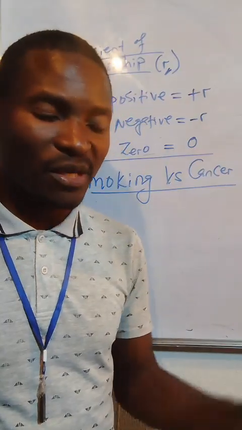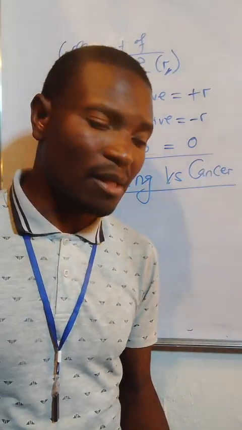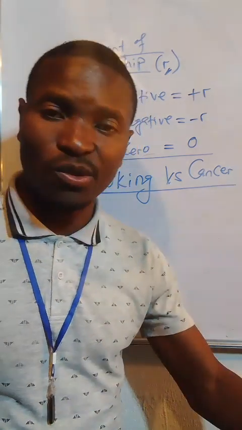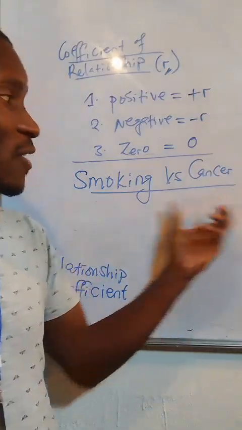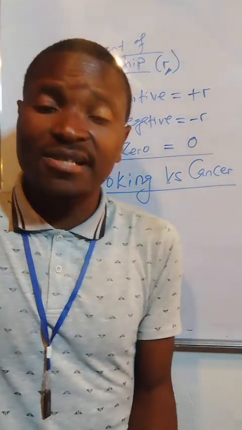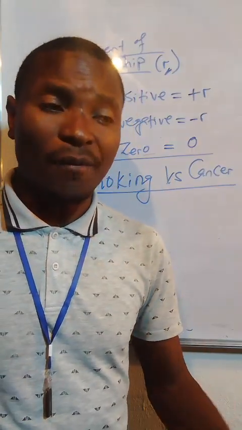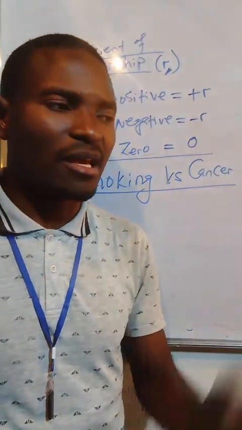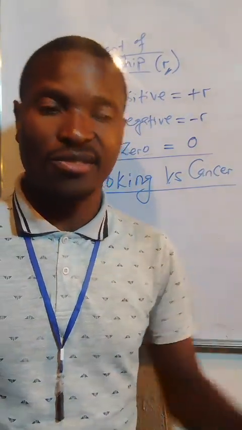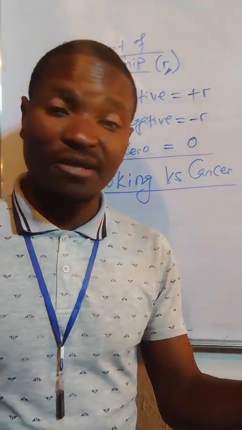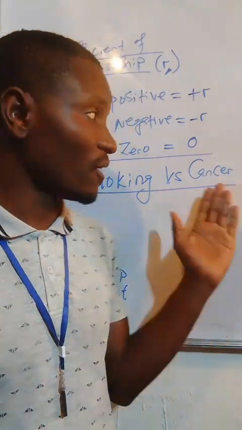We can just do some literature review, or something where data has been collected. Maybe you say, I want people that have smoked for the past 5 years, 10 years, 20 years, and I want to ask them, in the past 5 years that you have been smoking, have you ever developed this disease called cancer?